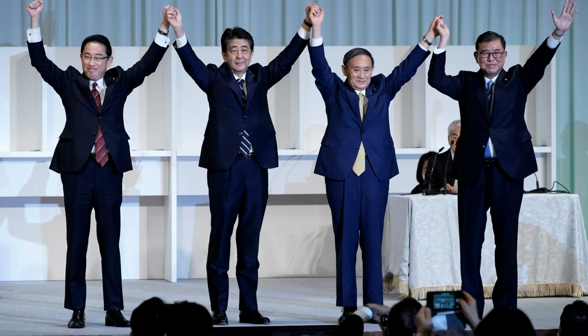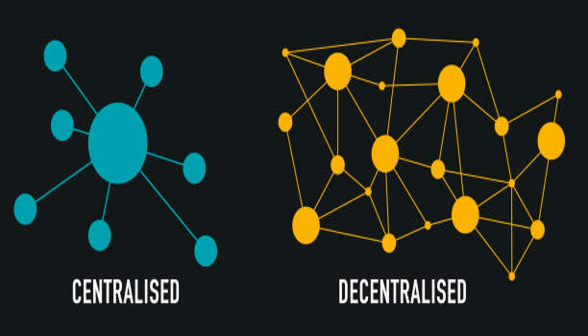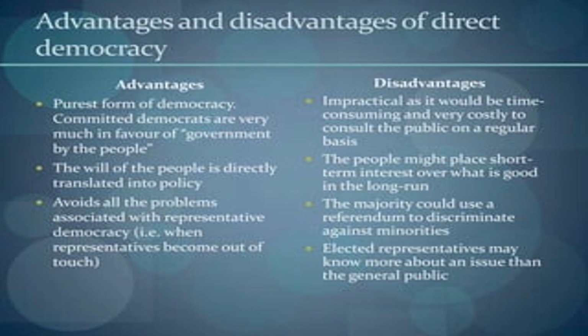Furthermore, representative democracy provides an opportunity for political stability and continuity, as elected representatives serve fixed terms and can develop long-term policies. However, critics argue that representative democracy can lead to a disconnect between the people and their representatives, as well as the potential for corruption and oligarchy. It is essential to continuously evaluate and improve representative democracy to uphold the principles of transparency, accountability, and citizen participation.